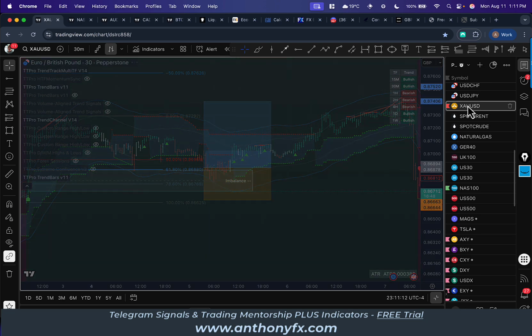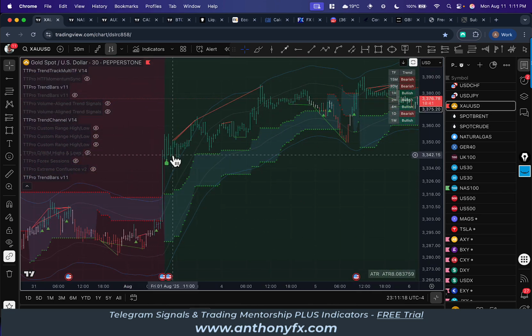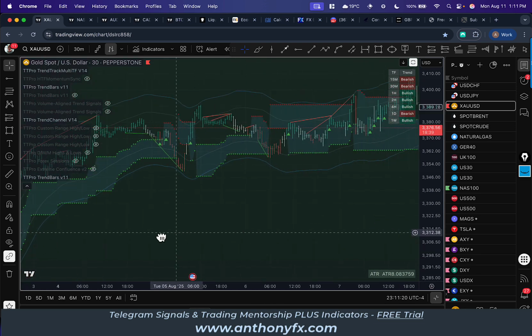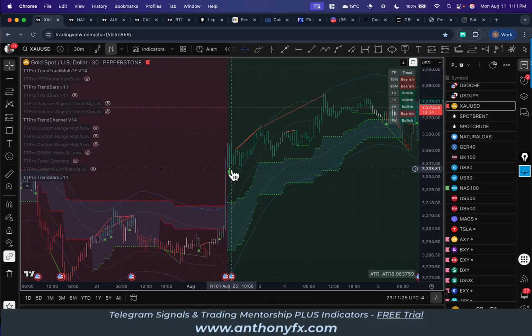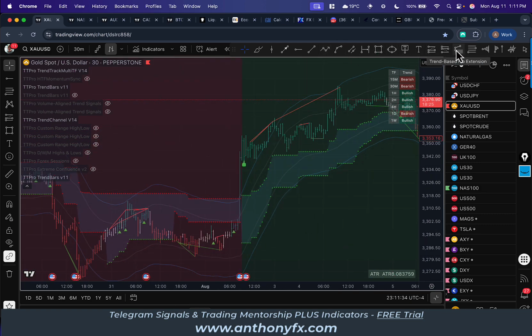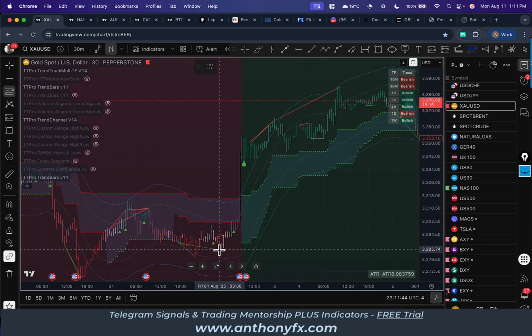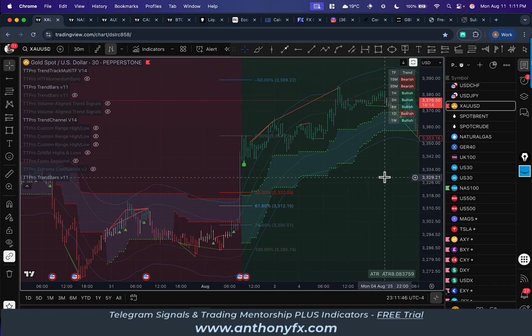There it is, gold. Yeah, sometimes it does that and you don't get the pullback. That moved with a vengeance, didn't it? You've really got to factor in the possibility of that pullback. And if it moves like that and doesn't pull back, then you just let it go.